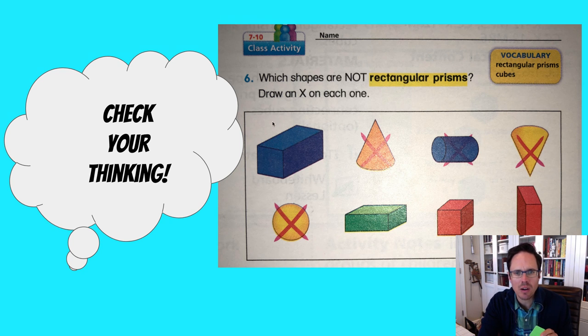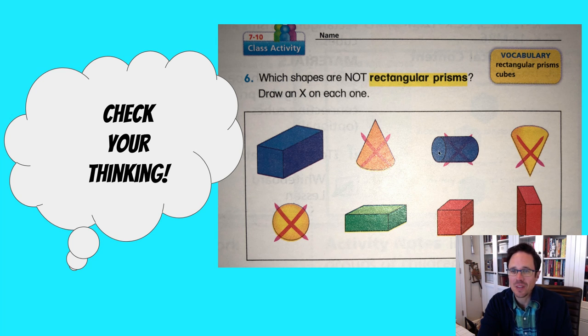I was looking here. This one is for sure a rectangular prism because it has rectangles on its faces. Even the two square sides, this front one and the back one that you can't see, that still makes it a rectangular prism. The cone, for sure not.